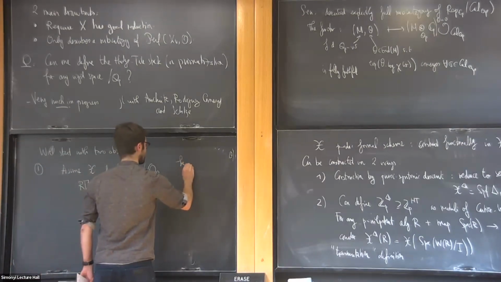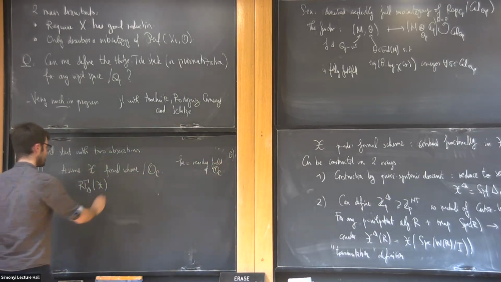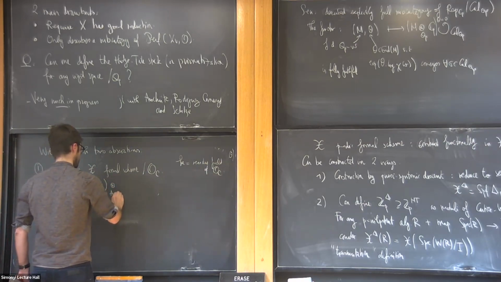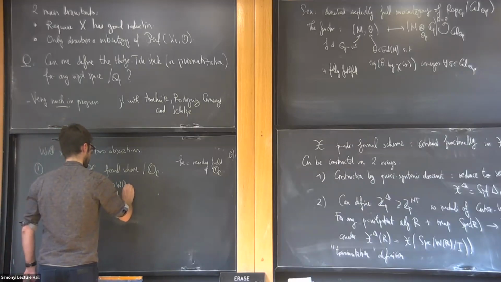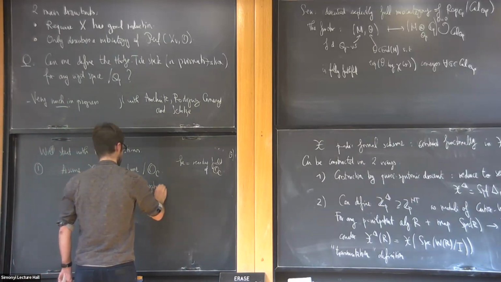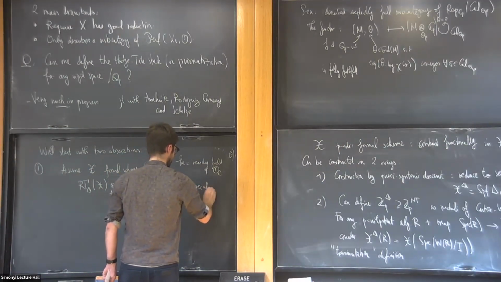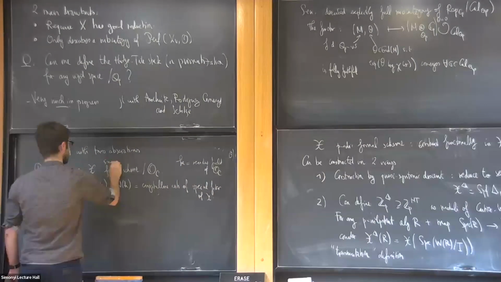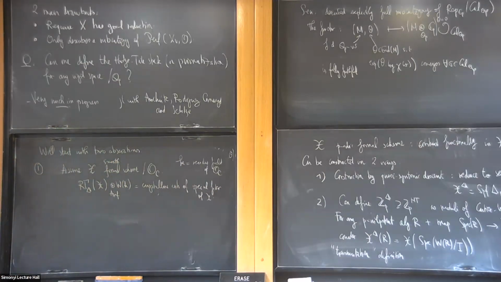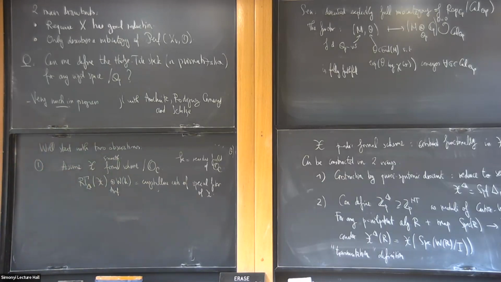Let K be the residue field of C. If I base change to W(K), I recover crystalline cohomology of the special fiber. So that's something which visibly depends on the special fiber of X.